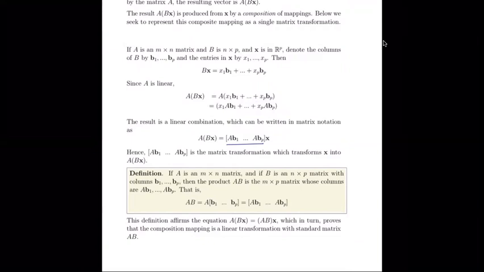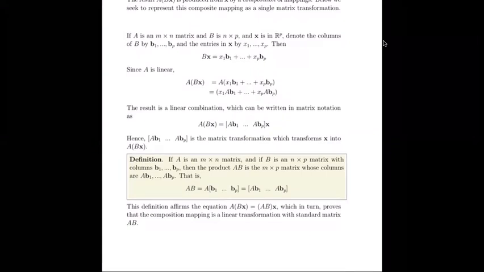So that gives us an idea of what this transformation A times B, the new composition transformation, should be defined as. It should be defined exactly in this form, and that's exactly what we do below.